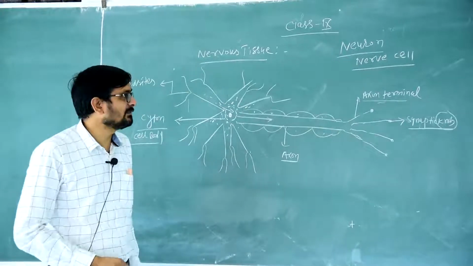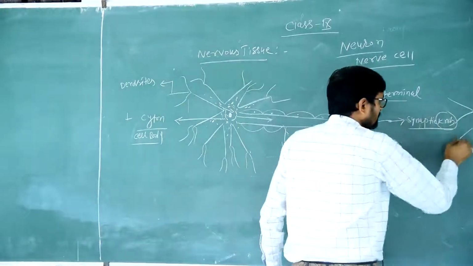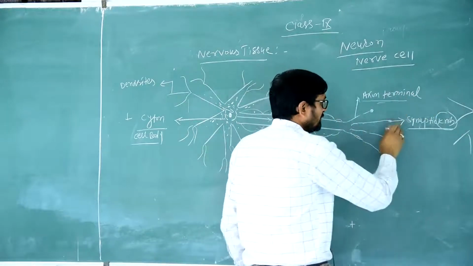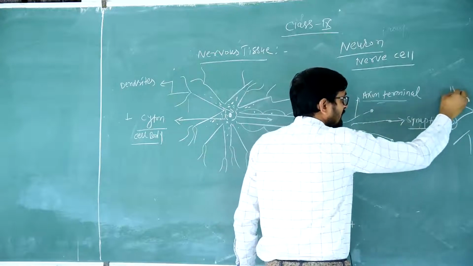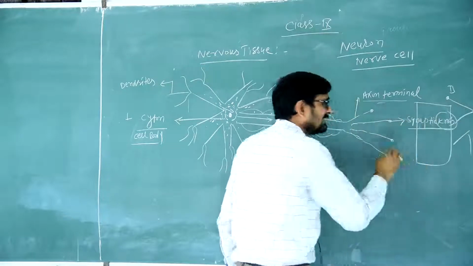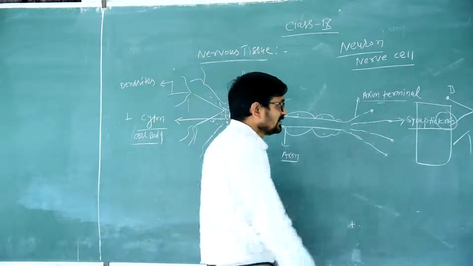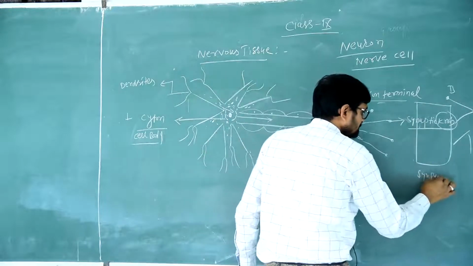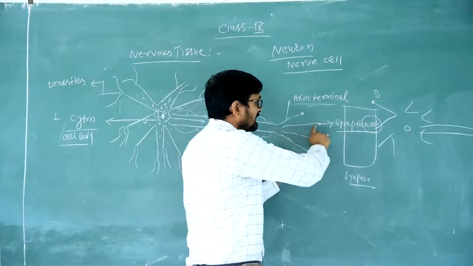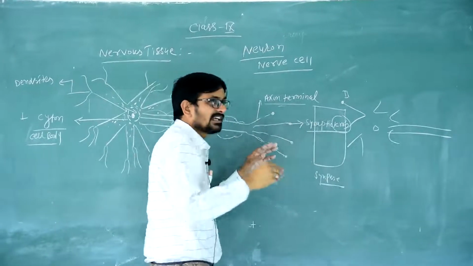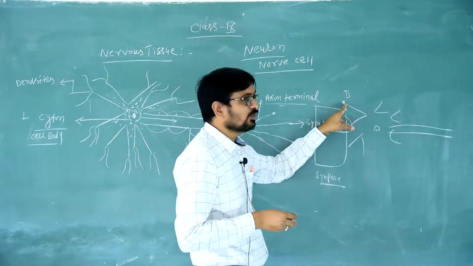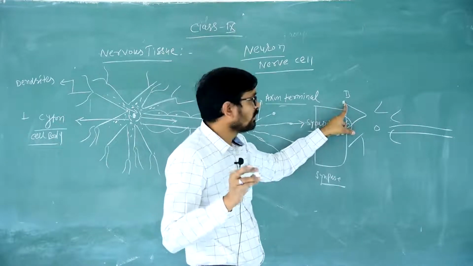What happens after the synaptic knob? There is another neuron, but between the dendrite of the second neuron and the synaptic knob of the first neuron, a fine gap is there. That gap is called the synapse. The message passes across the gap by chemical coordination and is received by the dendrite of the second nervous cell or neuron.